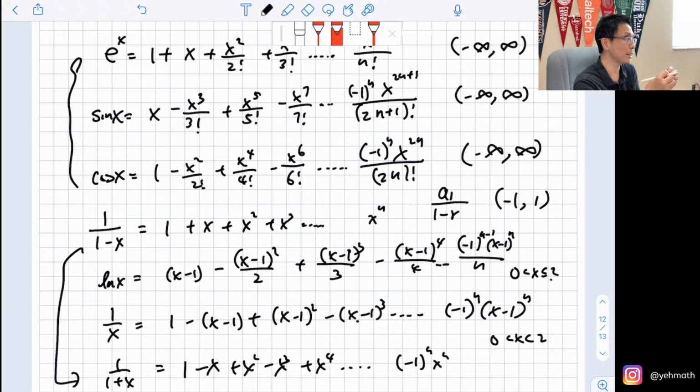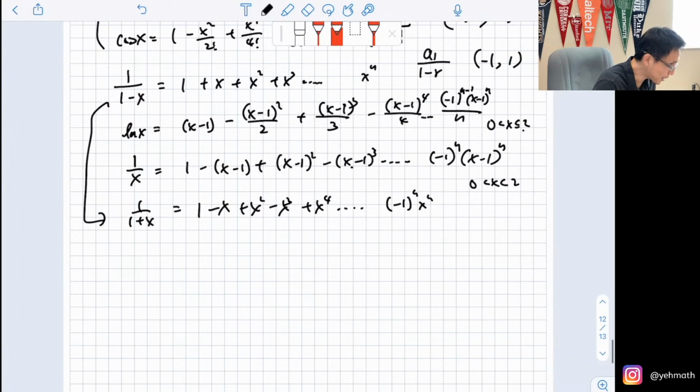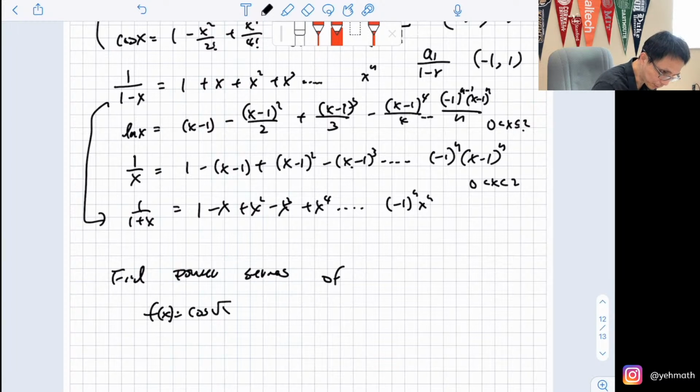Remember, you can change the x to any way you want. So we're going to talk about one situation that you can change. For example, if I said, can you find a power series of f of x equal to cosine of square root of x?